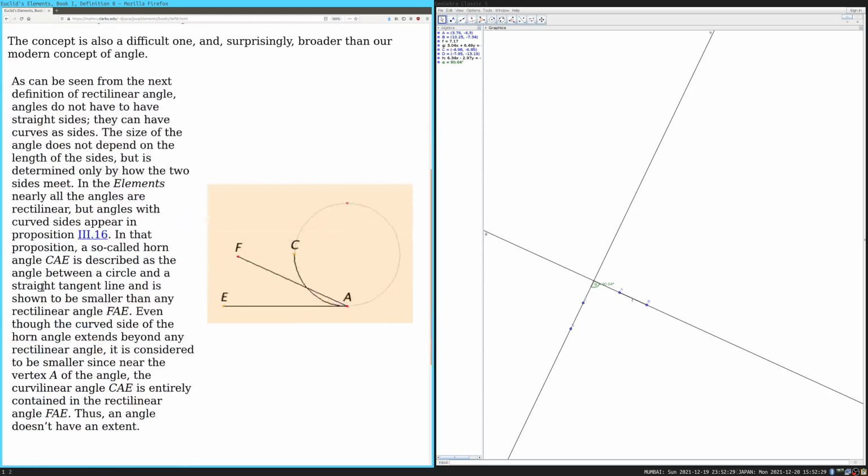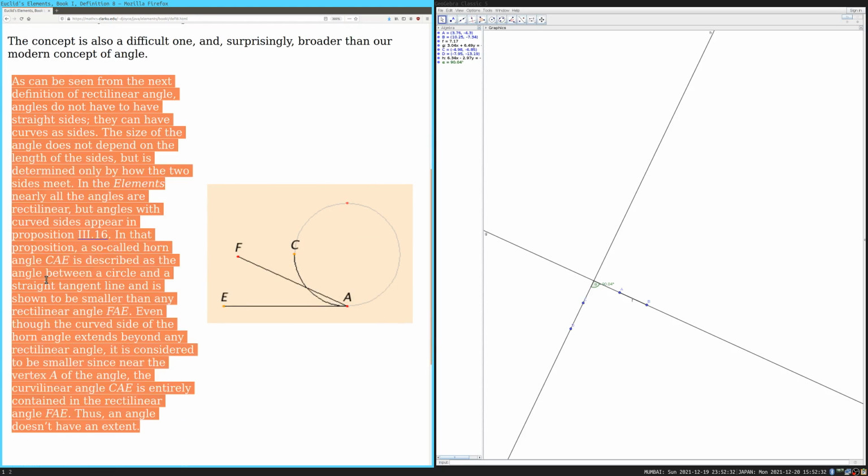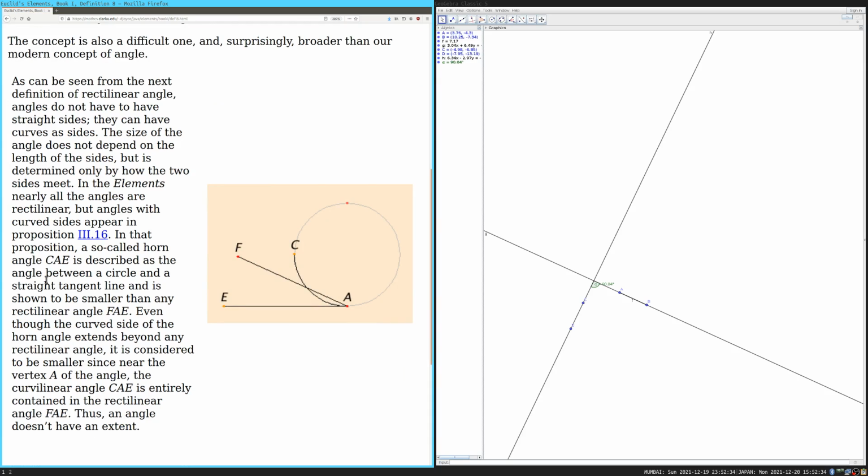The so-called horn angle is described as an angle between a circle and a straight tangent line. Huh. That's interesting.